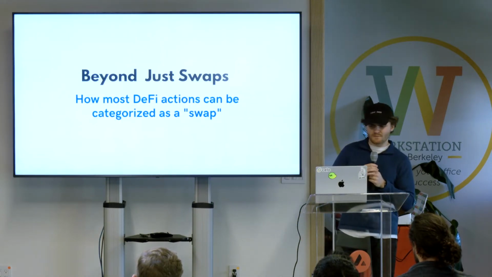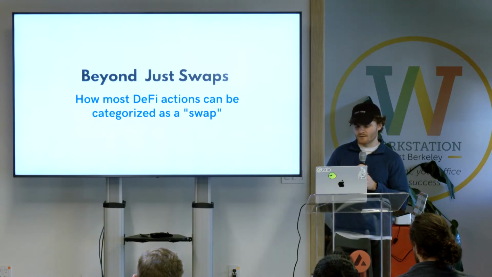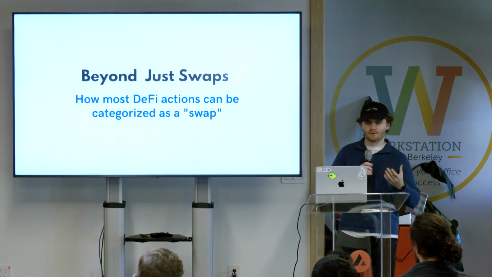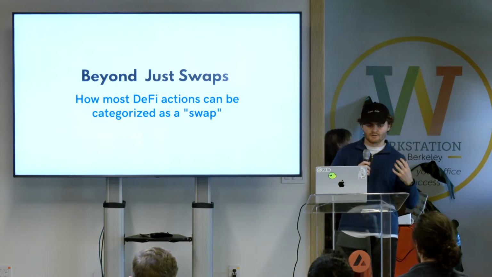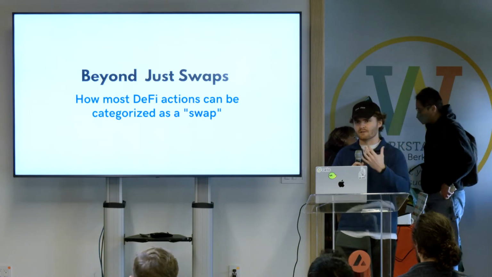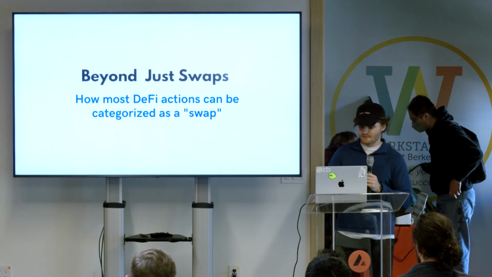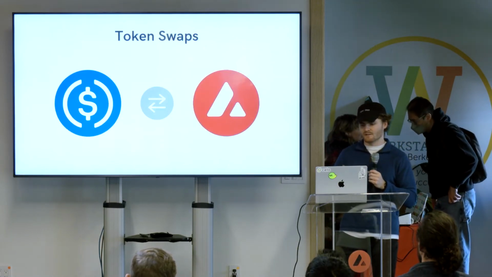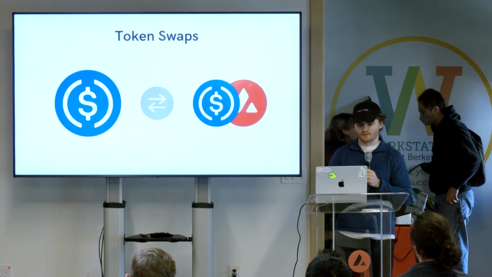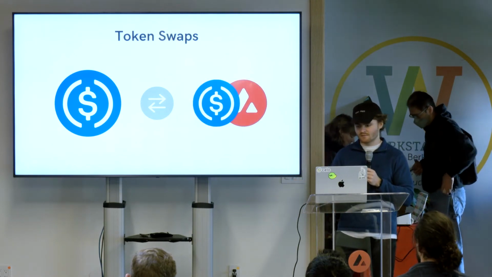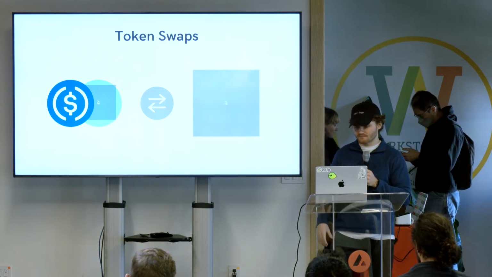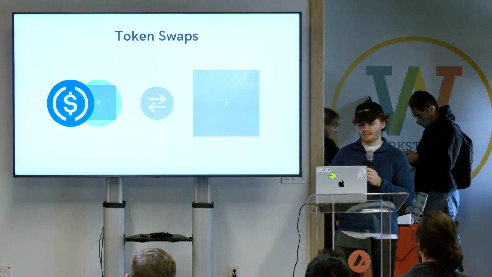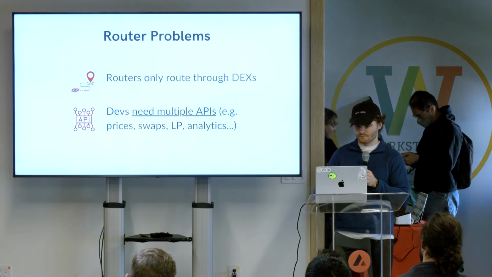However, swaps can be more than just token swaps. At Node, we have our indexer, and the very early version of it characterized a token swap simply as a token leaves your wallet and a token enters your wallet. And with that in mind, it's not just going from USDC to AVAX. It could be going from USDC to an LP position, from one LP position to another LP position, into liquid staking, and so on and so forth.